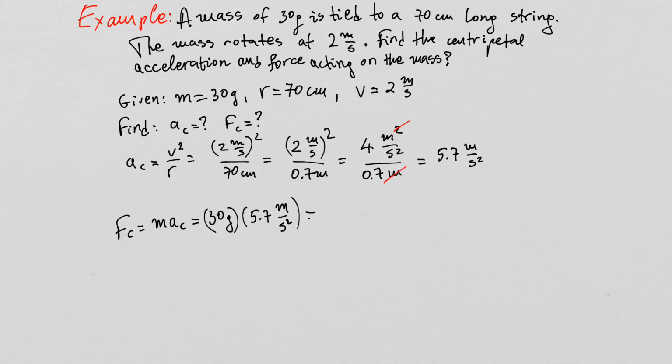So 30 grams is 0.03 kilograms times 5.7 meters per second squared is equal to 0.171 newtons. And so this is the centripetal force that acts on this mass as it rotates around this circular trajectory.